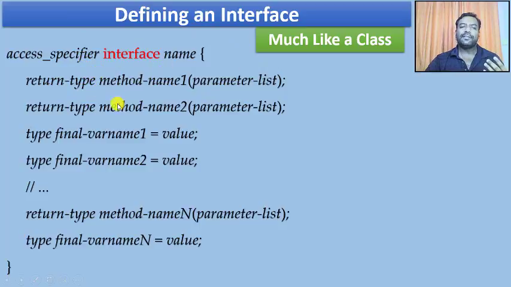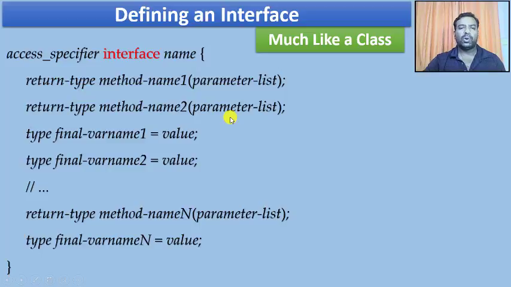And this interface, as I told you, can contain a list of methods. The members can be data members or member functions. If it is a member function or method, it has the method name, return type, and parameter list.